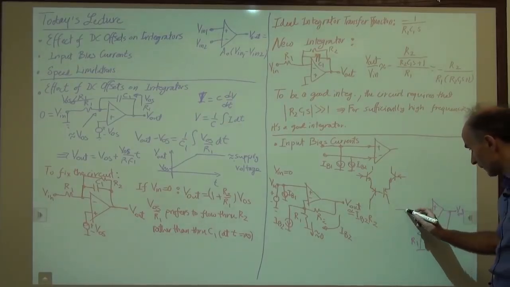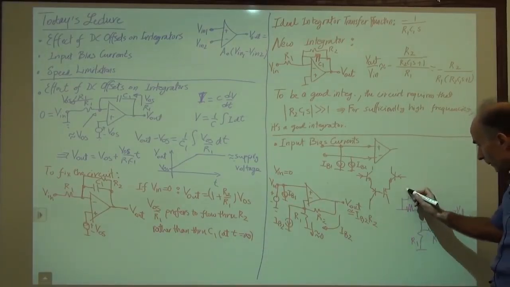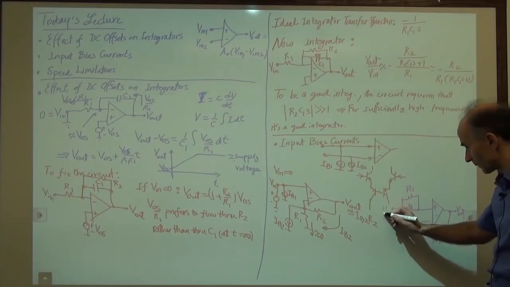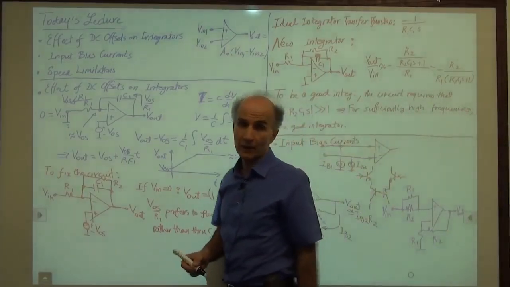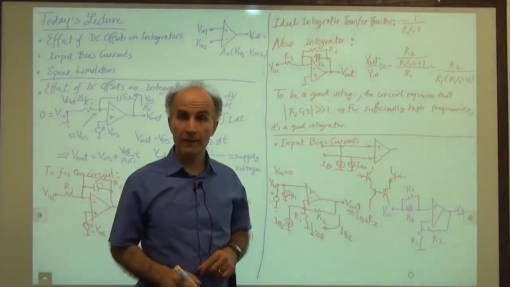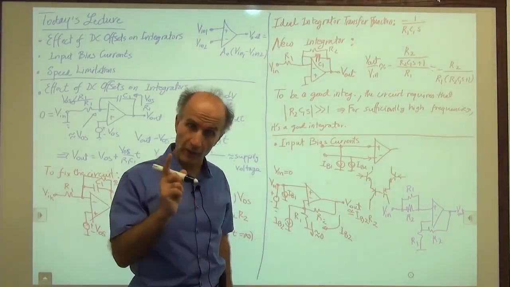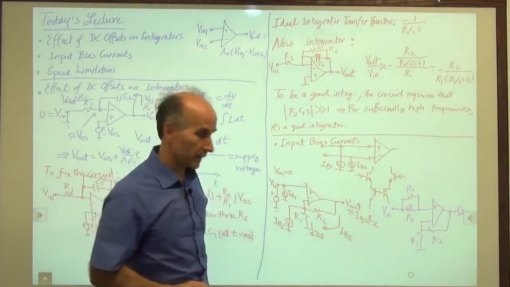Okay, so what I will do is I place two resistors here in parallel in series with the input. And I pick one to be R1, the other to be R2. And this will be the main input. And I claim that in the presence of IB1 and IB2, the output now is clean. It has no DC. Assuming that, of course, IB1 and IB2 are equal, which is a reasonable approximation.